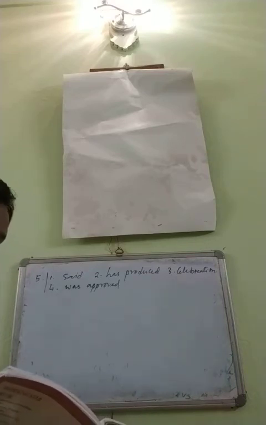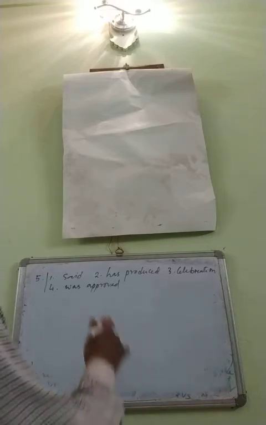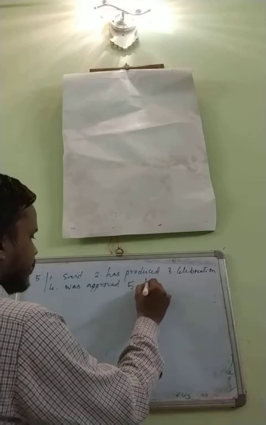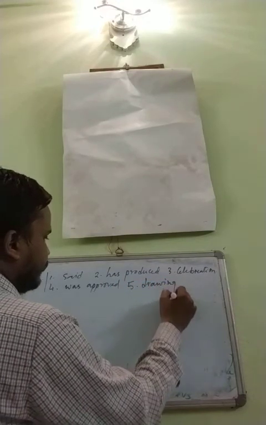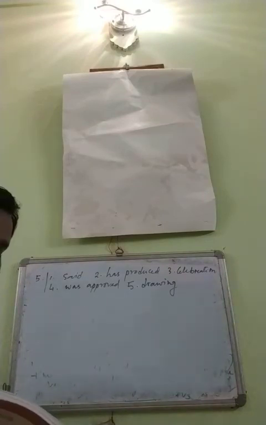So it was done, and on the day of the feast, the servants were busy drawing wine. Number 5, busy drawing, or in drawing also you can do, but drawing will serve the purpose.